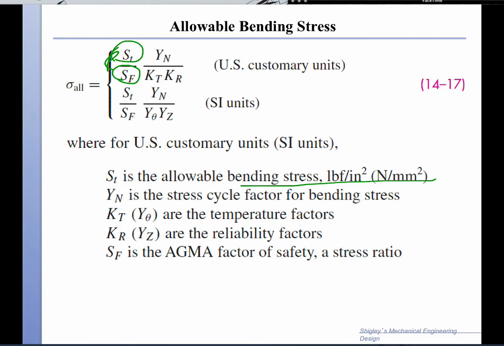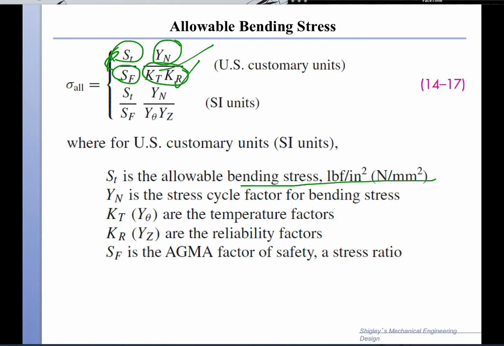In addition to that, we can include cyclic effects in this factor Y sub N. So it is like an Sn type factor, like for fatigue. And we have a reliability factor Kr and a temperature factor Kt, depending on the temperature that is used.